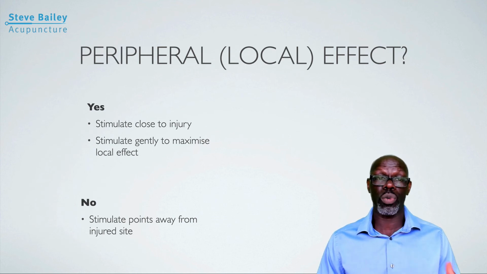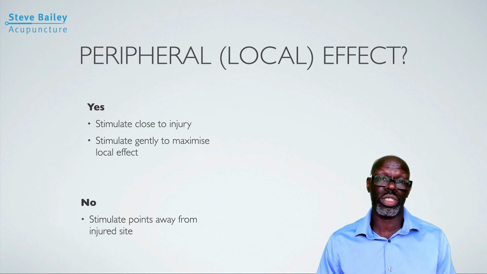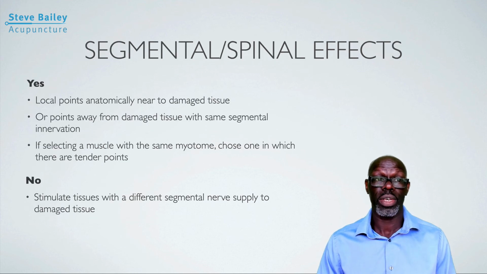So let's say, for example, you're wanting a peripheral or local effect, then you're basically going to just choose points in and around the area of the actual condition or the injury itself. If you're not, then just choose points away from the actual area. If you're wanting a segmental effect, then you're mainly choosing points in the same myotome, dermatome or sclerotome.